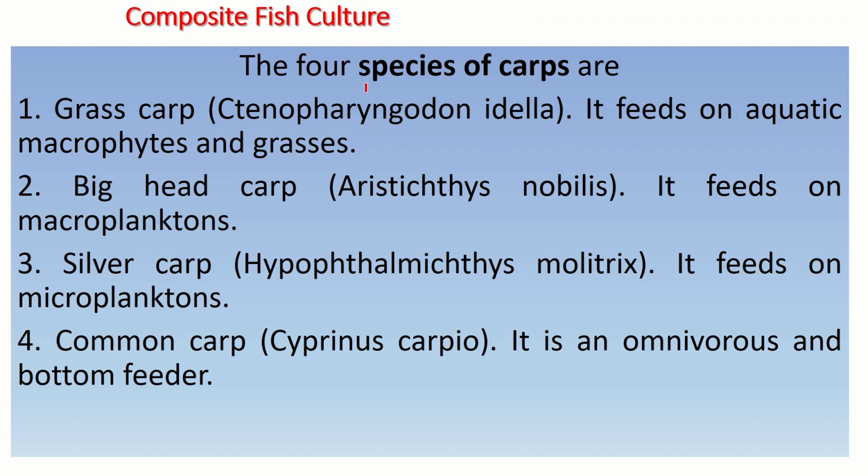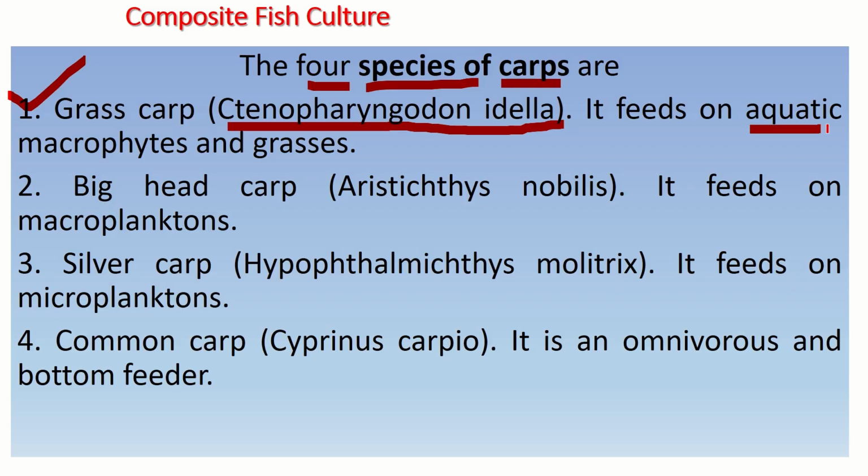Which different species are cultured in the pond for polyculture? First of all, grass carp, called Ctenopharyngodon idella. This grass carp feeds on aquatic macrophytes and grasses.